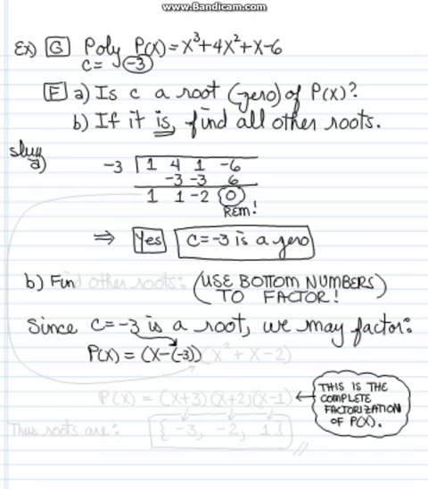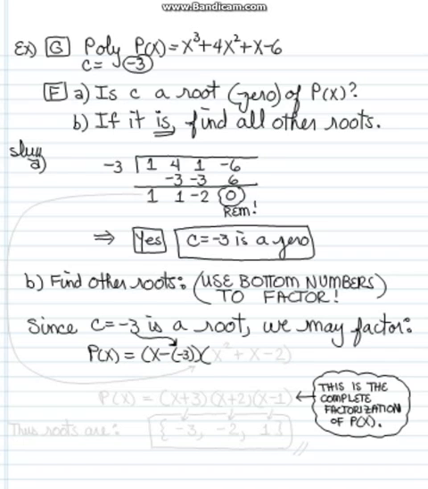Okay, so we're going to use that to find the other roots. And so we're going to use that c, but we're also going to use the bottom numbers of the synthetic division that we just did to find the other factors. Now, since c is equal to negative 3, we know it's a root. So we can start our factorization by writing p of x as parenthesis x minus the root that we just verified, x minus a negative 3.